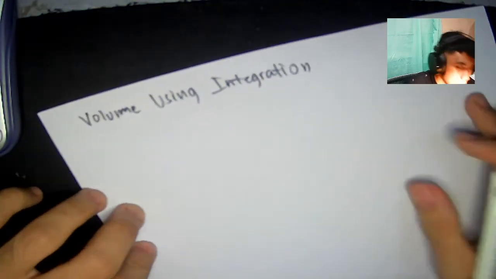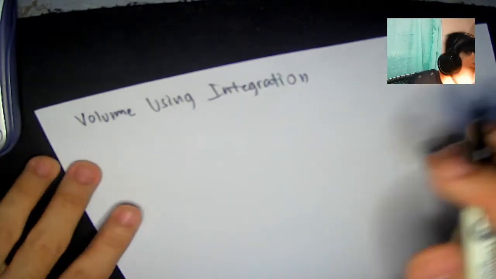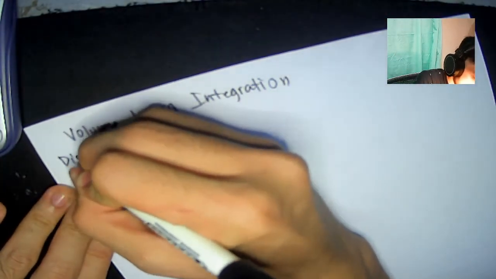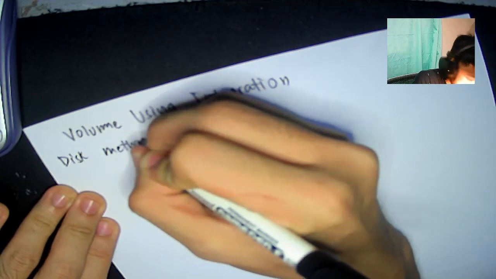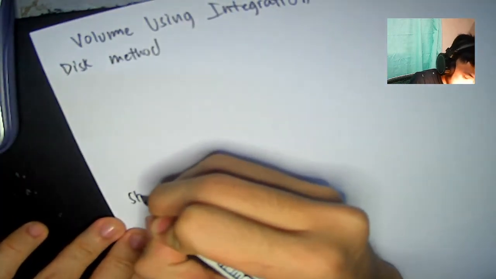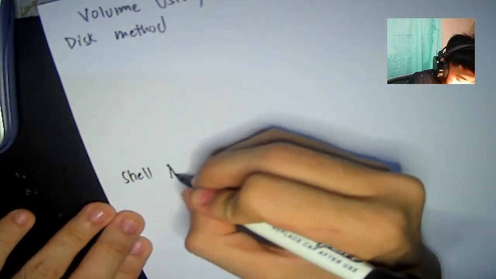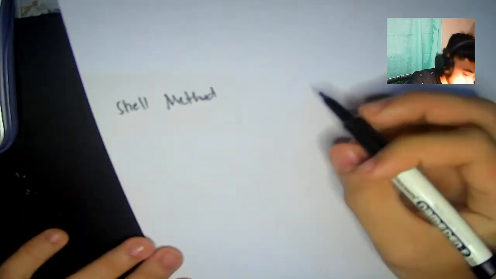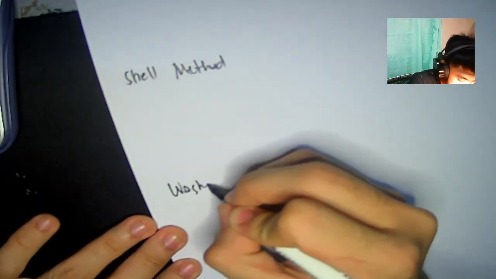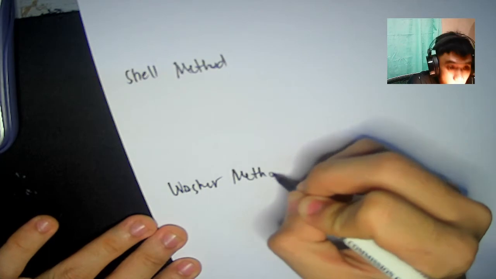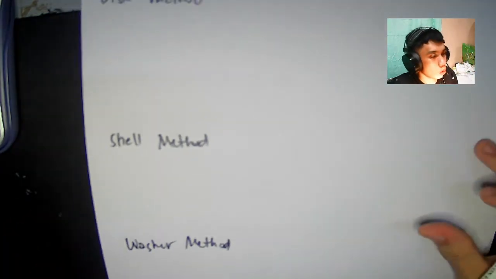There are three methods. First is the disk method, the shell method, and the last one is the washer method. So what are we going to do here?